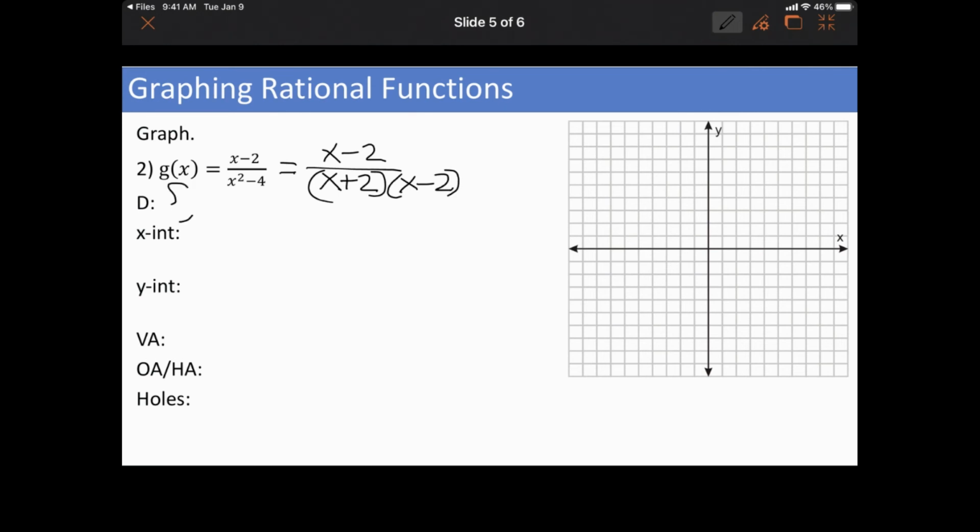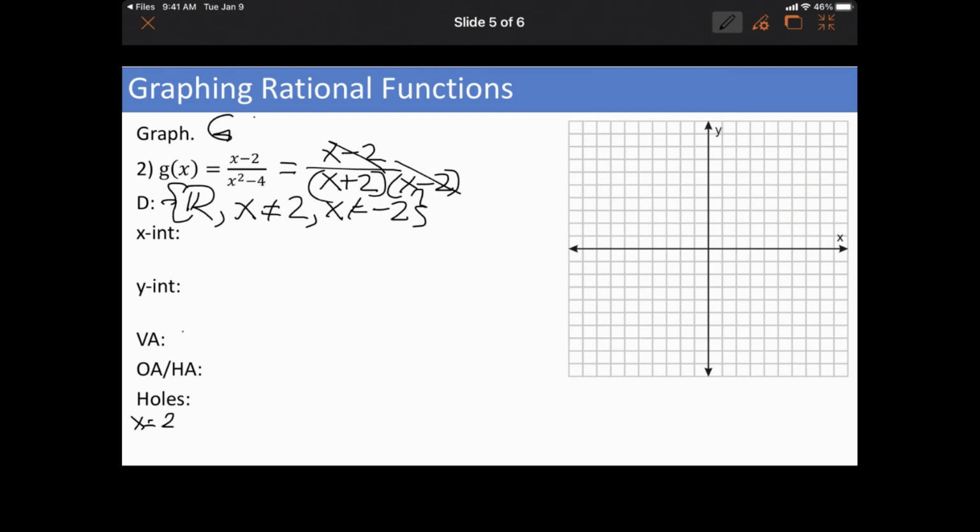Okay, but I'm going to do the domain first before I try to simplify it out. Okay, so the hole, right? Vertical asymptote, so the hole is here at x equals 2. x equals 2. So I have to find that point.